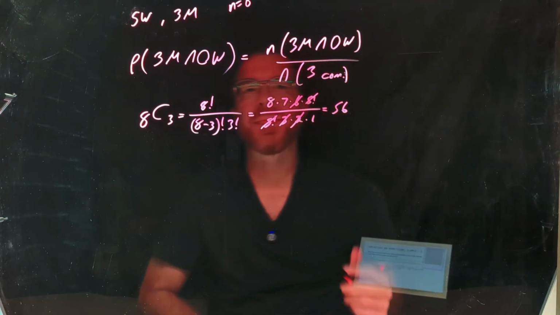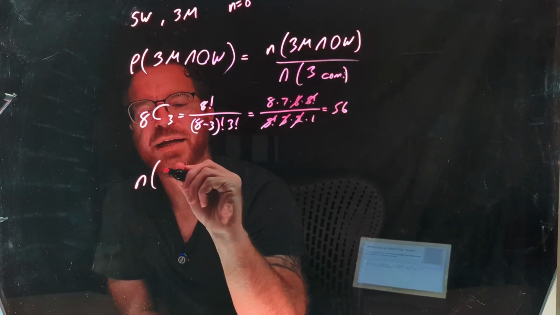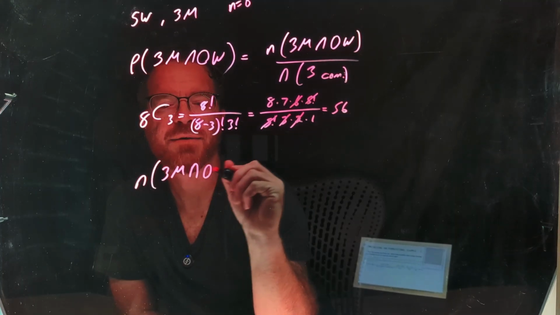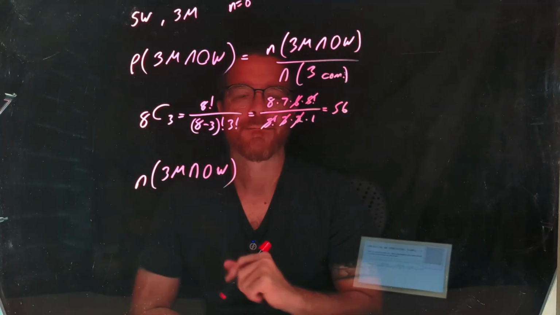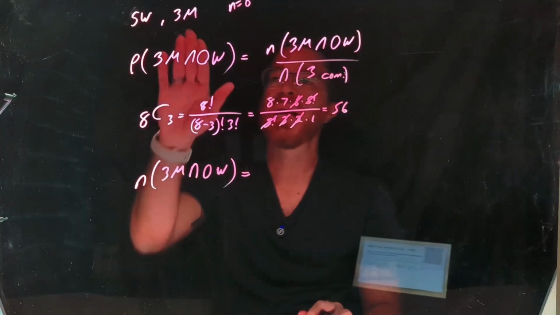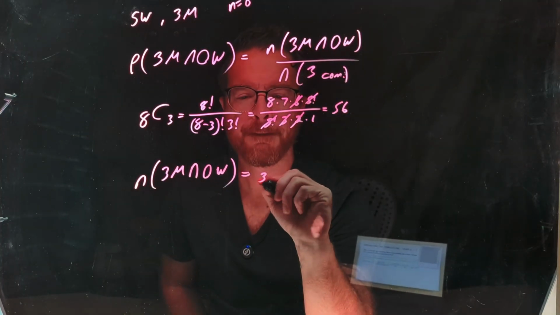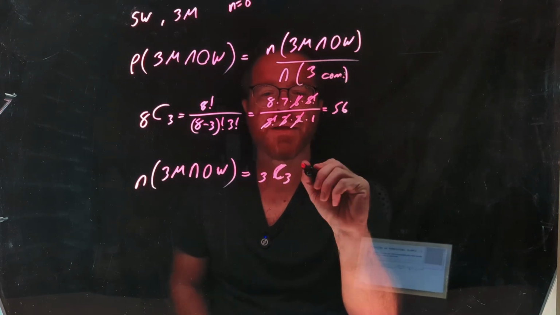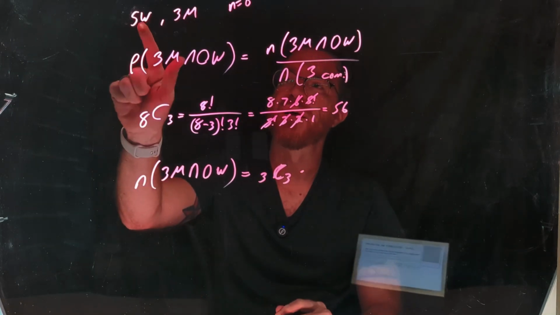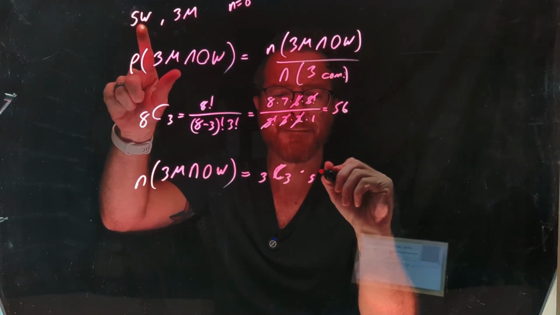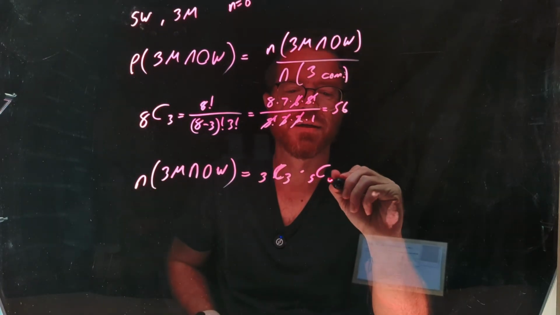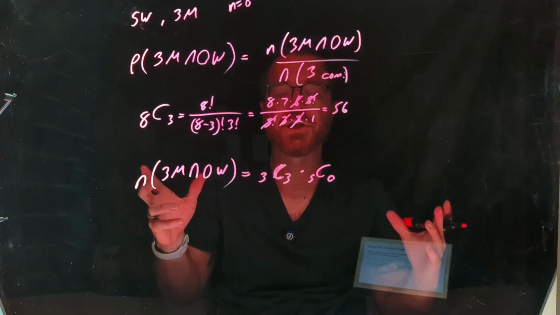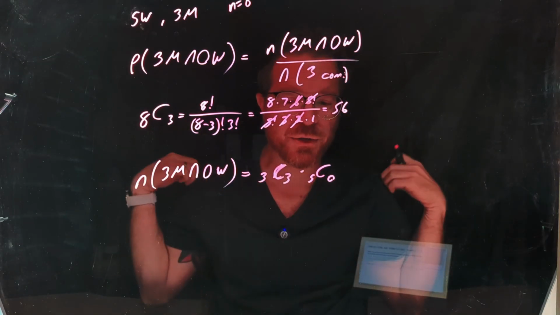Now let's figure out how many ways can I get 3 men and 0 women. So the men first. I have a total of 3 men, and I want to choose 3 men. Times, I have a total of 5 women, and I want to choose 0 of them. Now, we don't even have to set up any calculations for this because we already talked about how we can do this.